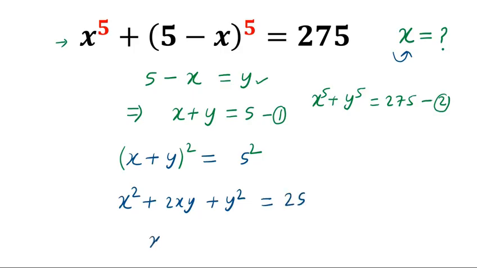Now the value of x^2 + y^2 is equal to 25, and this 2xy, if we take it from left to right hand side, then it is minus 2xy. Let's say this is equation number third. Now we have x + y = 5.